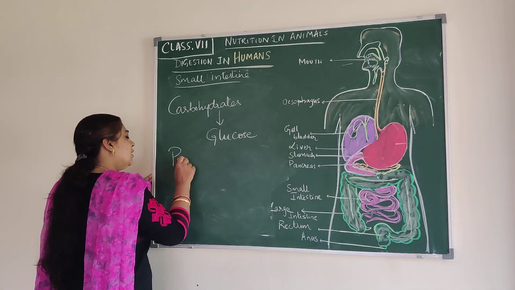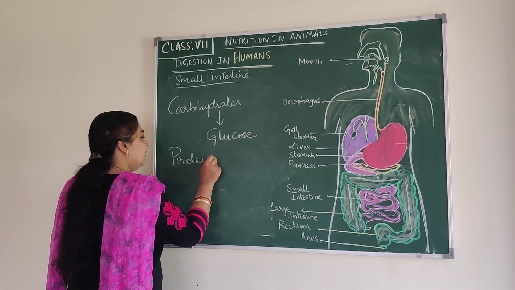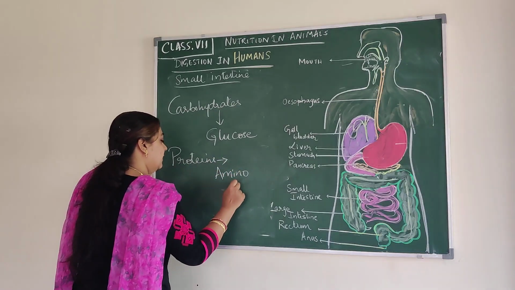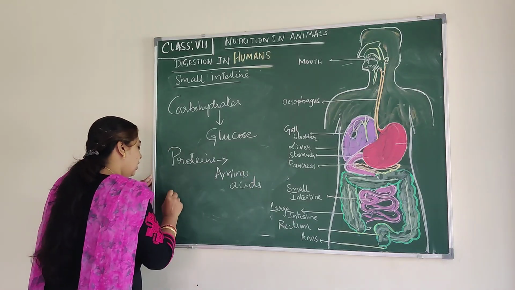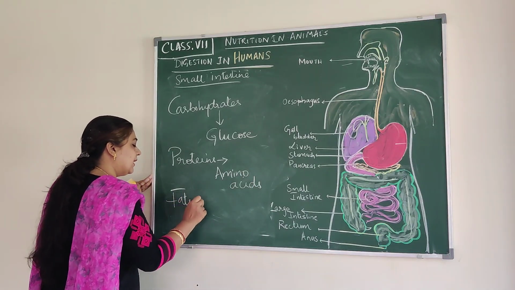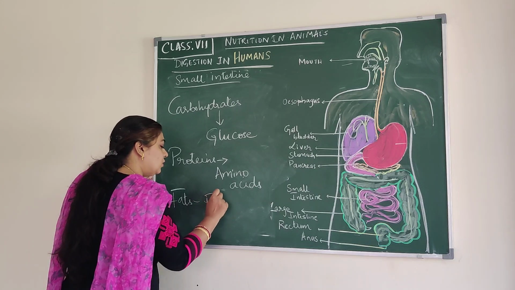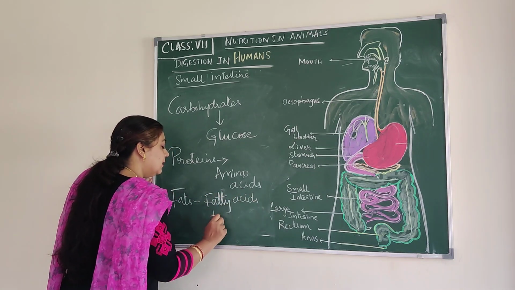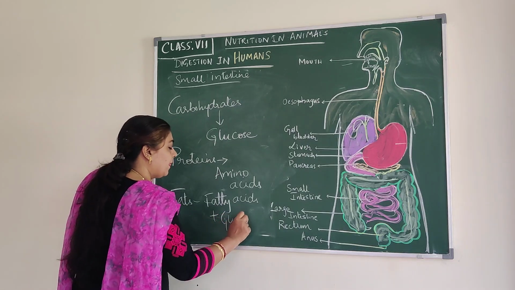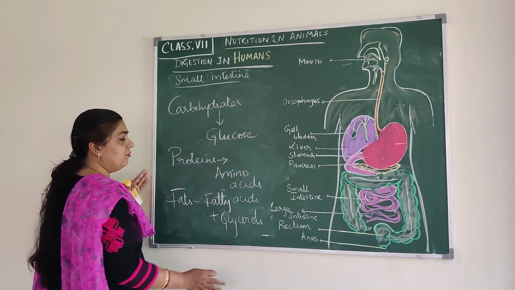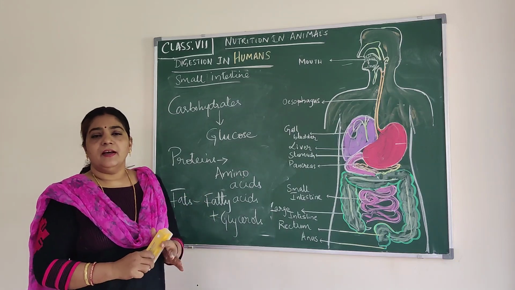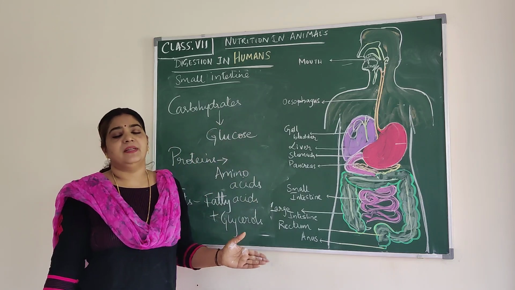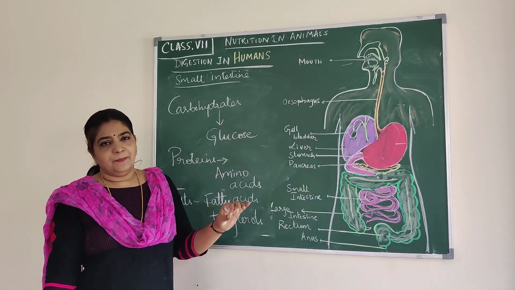Whatever proteins we have taken would have been converted into amino acids, and whatever fats we have taken get converted into fatty acids and glycerol. Once the food is converted like this, then we say the digestion process is completed. That means the complex food has been converted into simple form.